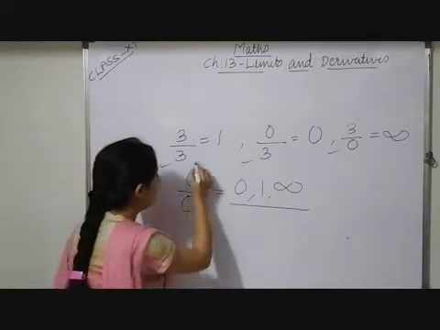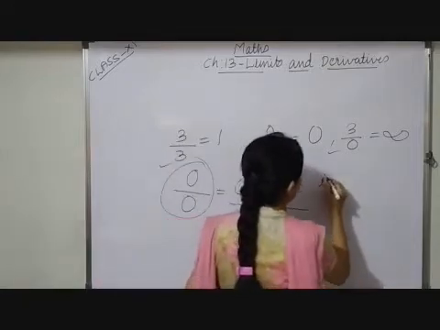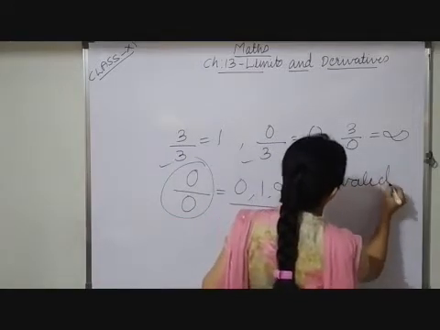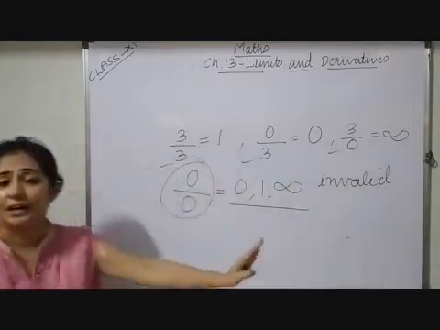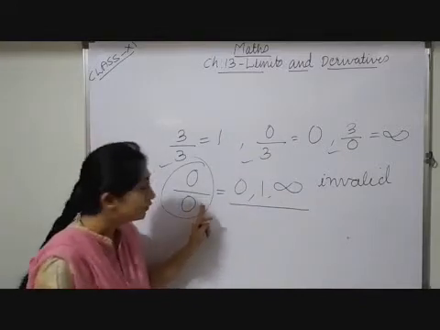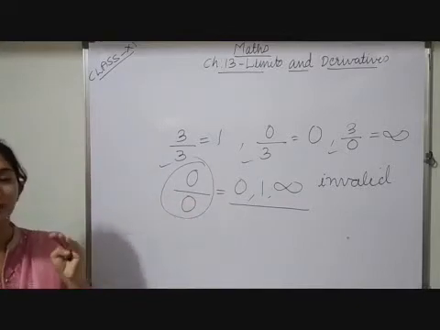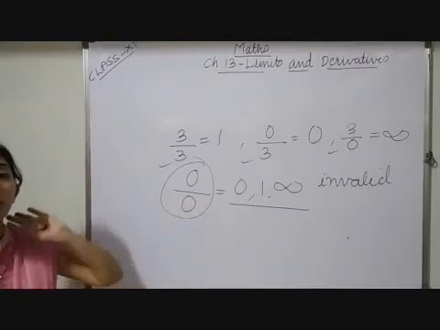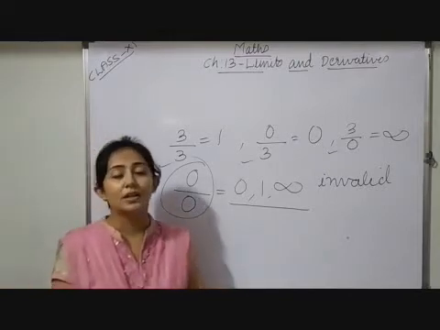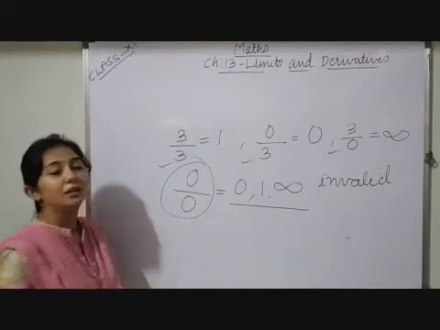So if we get such a form 0 by 0, we used to call it an invalid form, not a determined form. So limits are useful to solve such types of questions whose solutions we are not able to find mathematically. The solutions which algebra is not giving, we get using limits.